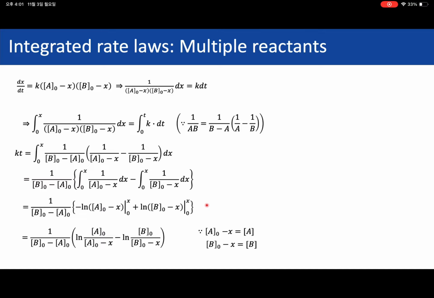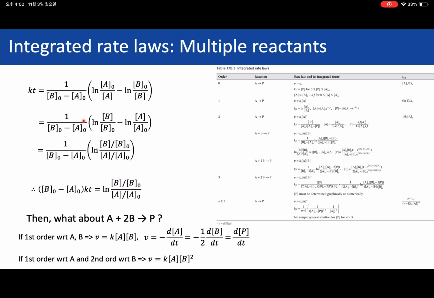Since we know from our initial substitution that A0 minus x equals A and B0 minus x is B, if we plug this relation into the denominator, we can simplify our equation to here. The inside of the parenthesis is ln(A0 over A) minus ln(B0 over B), and with some mathematical adjustment, we have the final expression here.